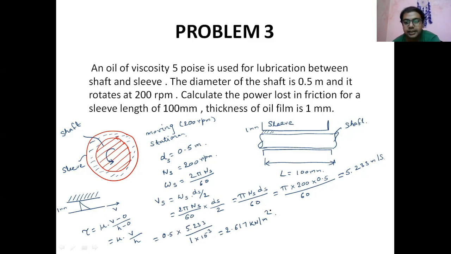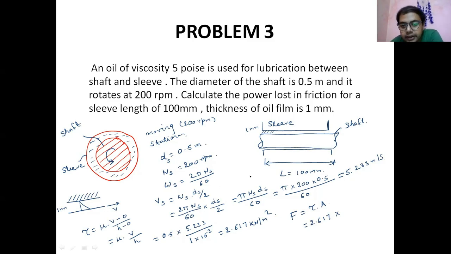If you got the tau, the next task is the shear force. So shear force F is equal to tau into area, the contact area. You have the shear stress, and what should be the contact area? Sorry, this is a circumferential area.